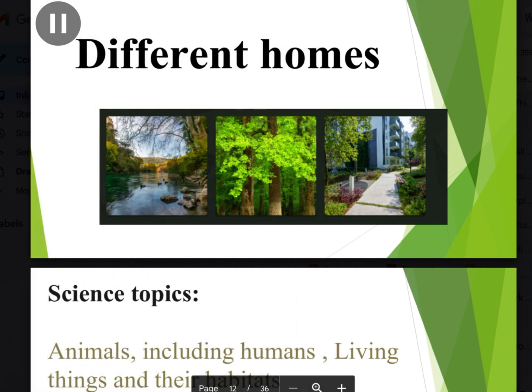And the final picture is the urban habitat, home to many plants and animals. Dandelions and garden flowers provide nectar for bees and leaves for slugs, snails and caterpillars to eat.